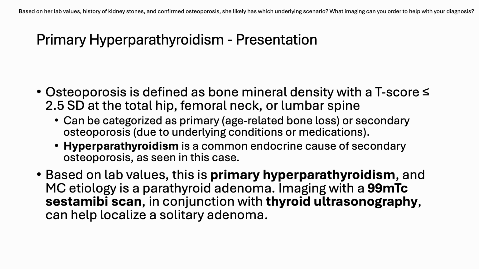And we can further localize that adenoma for surgical planning purposes with a scan and thyroid ultrasound. And typically, these adenomas are managed with resection. And then there are pharmacological regimens that we put the patients on as well, which we can talk about in future videos.